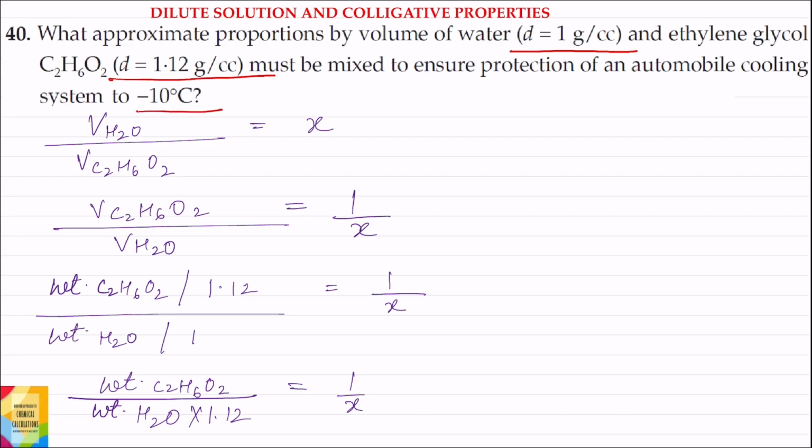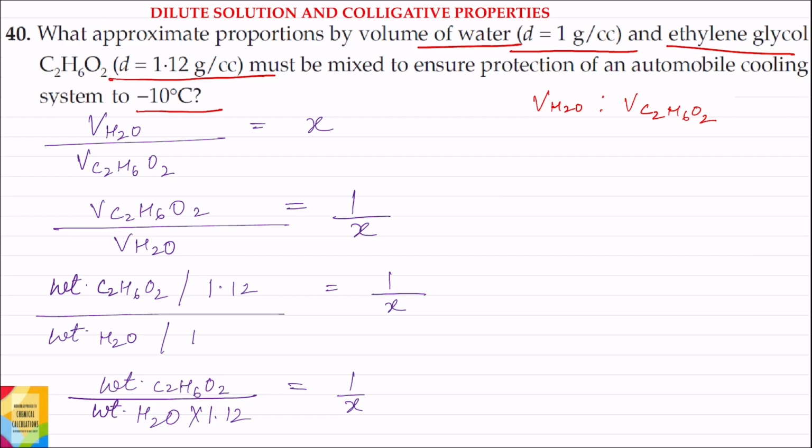So in this question they have asked in what proportion by volume this water and ethylene glycol must be mixed so that the depression in freezing point is 10 degrees centigrade. What will be the ratio of volume of water and volume of ethylene glycol in the mixture so that the depression in freezing point is 10 degrees centigrade.